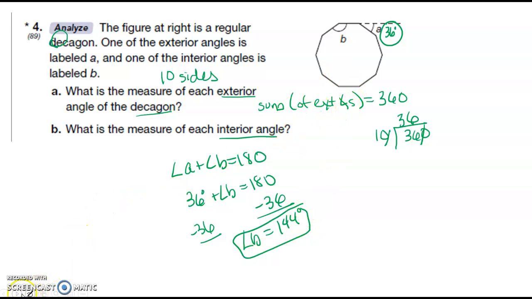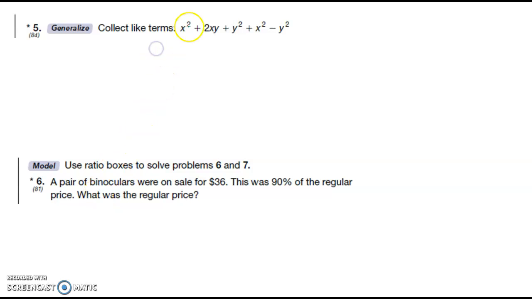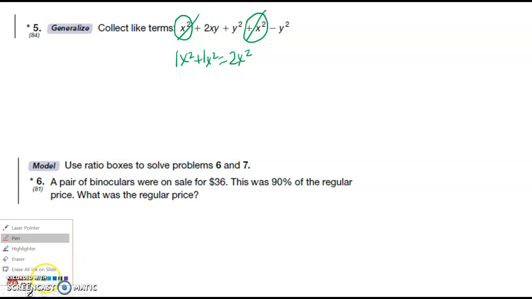All right, collect like terms. So we have 1x squared, 1x squared, so I have 1x squared plus 1x squared is equal to 2x squared. Okay.